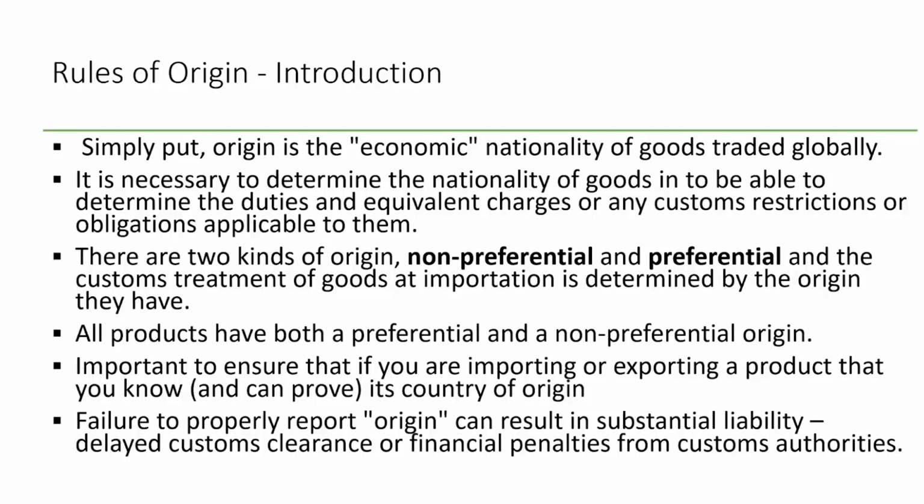There's non-preferential and preferential, and the customs treatment of goods at importation is determined by the origin they have. All products have both a preferential and a non-preferential origin. So I would say that all products start out with a non-preferential origin. If there's a trade deal in place, and if the rules of origin under that trade deal are met, then they can become a preferential origin, right?